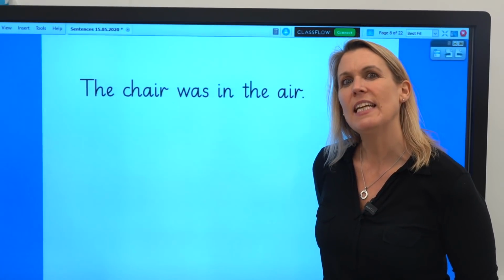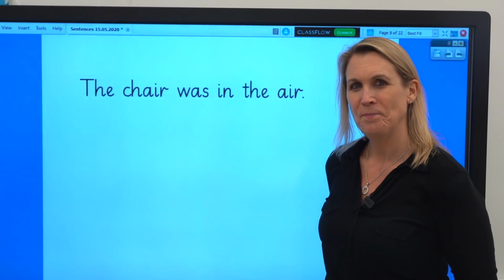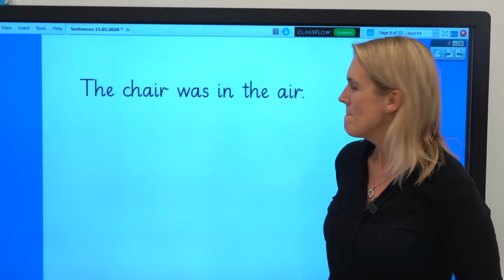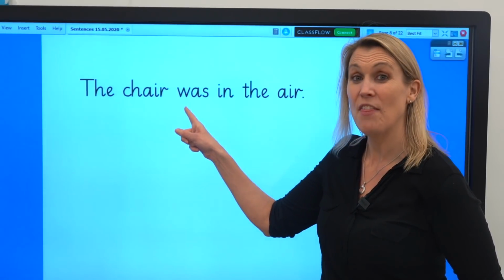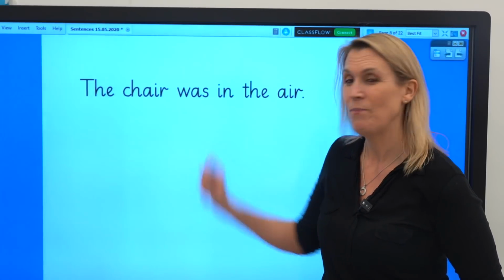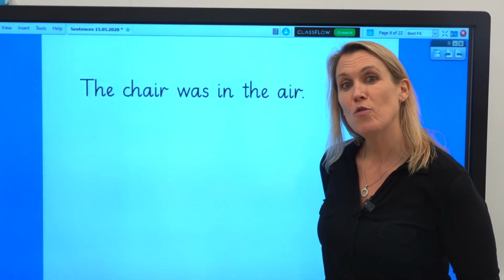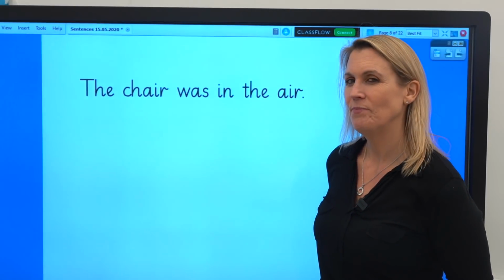Can you see a tricky word we read today? Yes. Here it is. This is the tricky word, was. Can you see the tricky word, the? Can you see it?